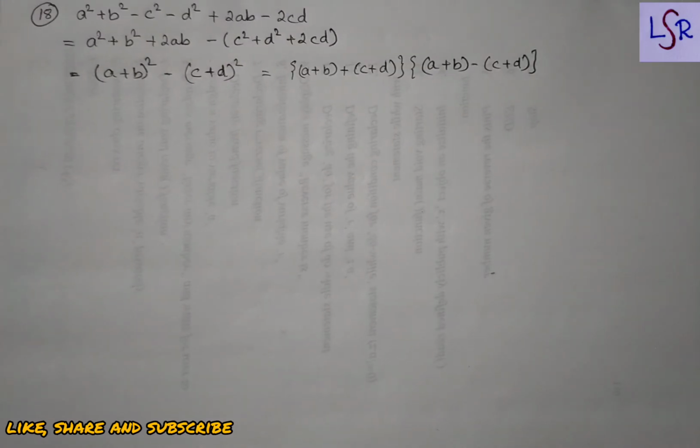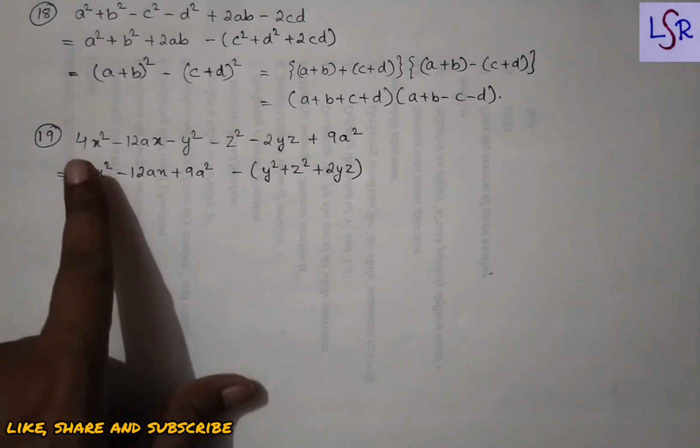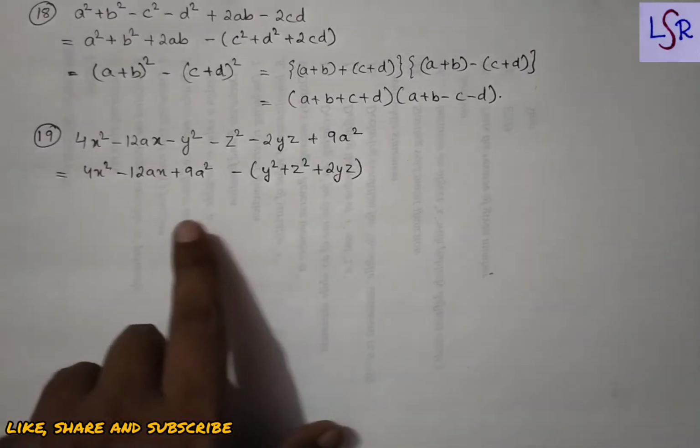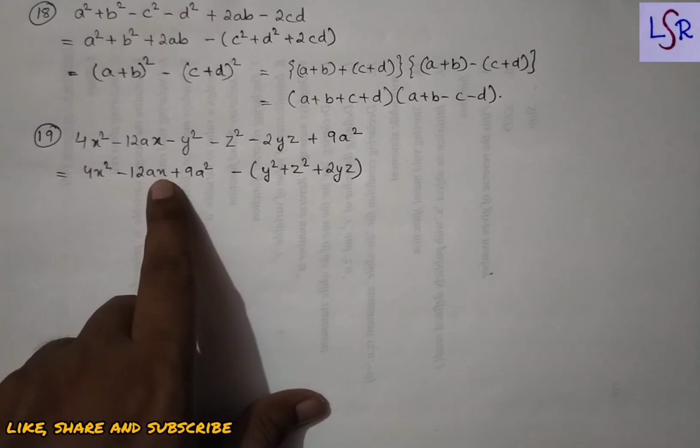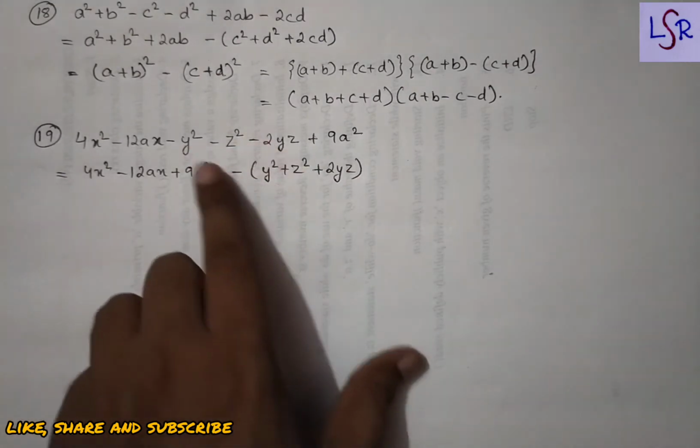Here in question number 19, we are having this expression, and we have to rearrange them in the form of squares. I have written this one with this one, as here we are having 12ax. So these two will be together. Then I have taken minus common from all of the three, and I have got this.